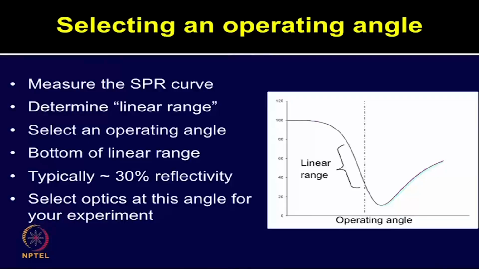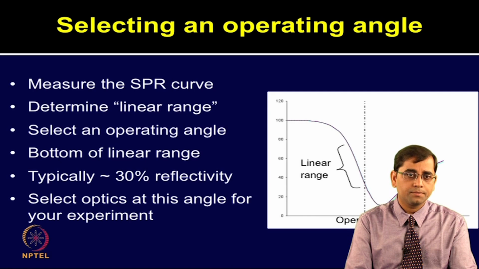In SPRi, the first most crucial step is the selection of an operating angle. Here, as you can see in the slide, the SPRi device measures the SPR curve and determines the linear region. Now, first of all, one needs to scan the whole optics through a range of angles and determine the linear range.